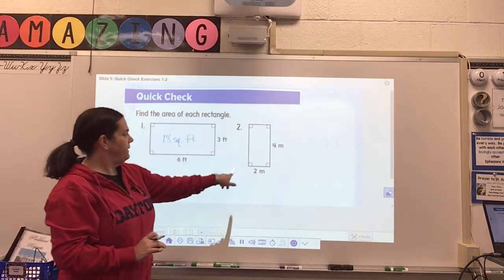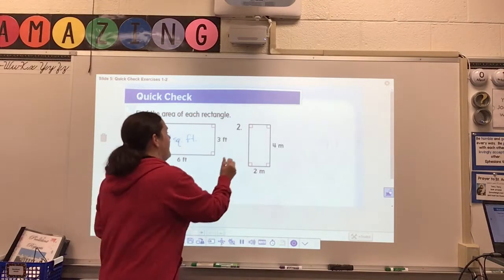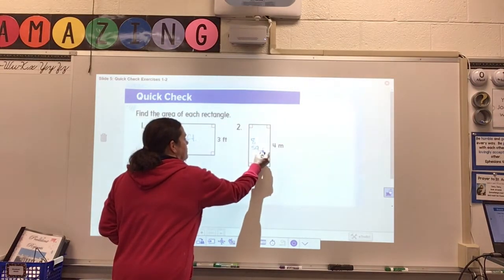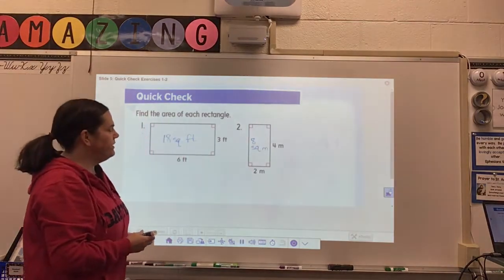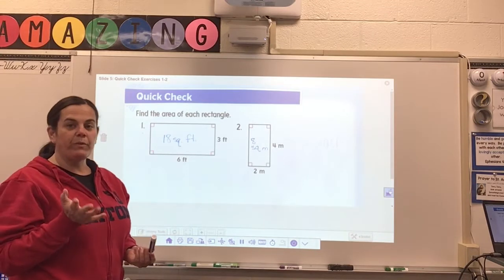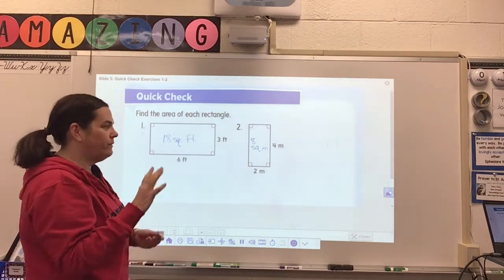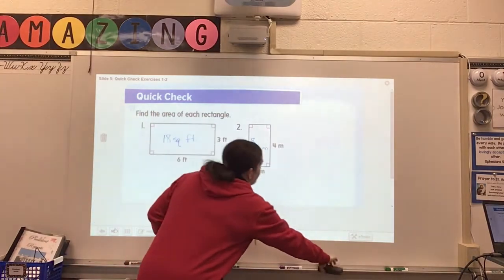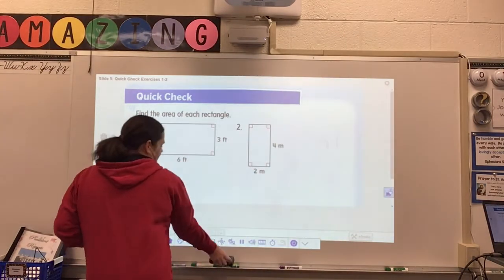And then I can multiply 2 times 4 and get 8 square meters. Okay, so you do need to remember how to find the area of rectangles, especially when you don't have squares or a grid to count. That will come in handy when we're doing today's lesson.